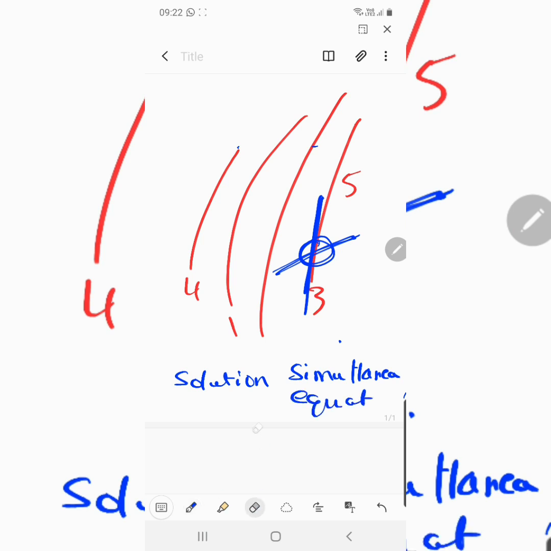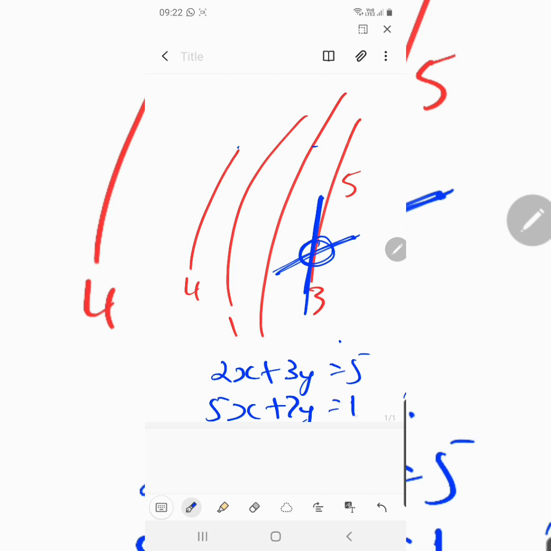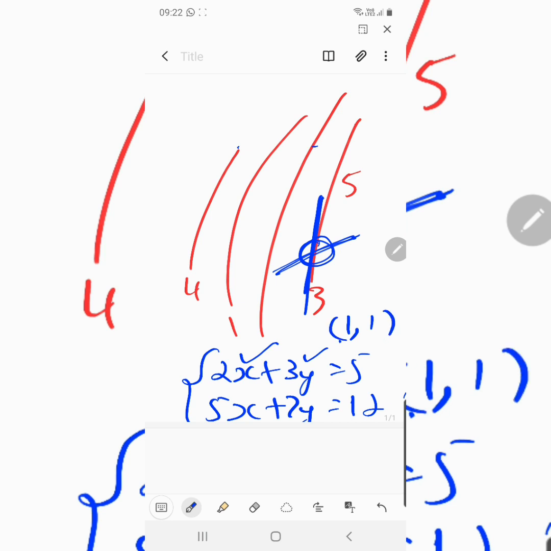So say that you have two simultaneous equations, yeah. Have say 2x plus 3y is equal to 5 and 5x plus 7y is equal to 12. If you solve these two equations, you will get one value for x and one value for y, which is the point of intersection of these two lines.